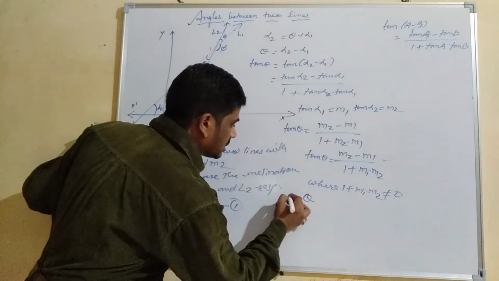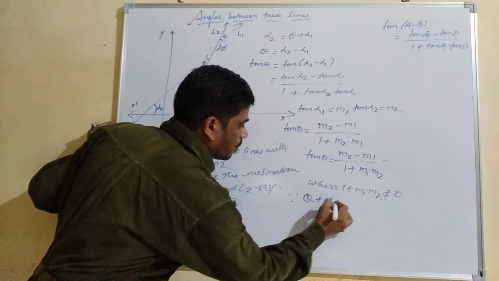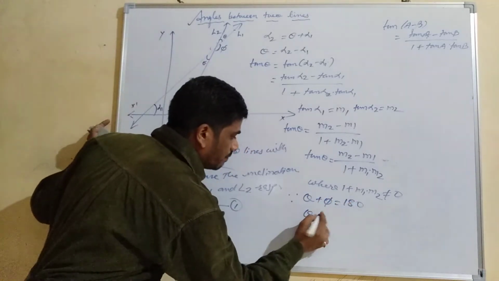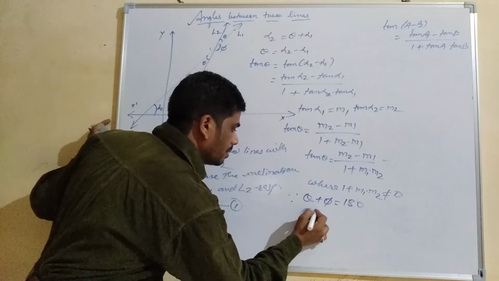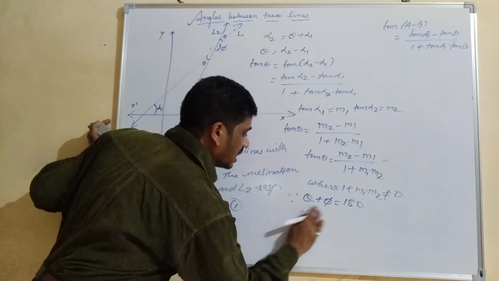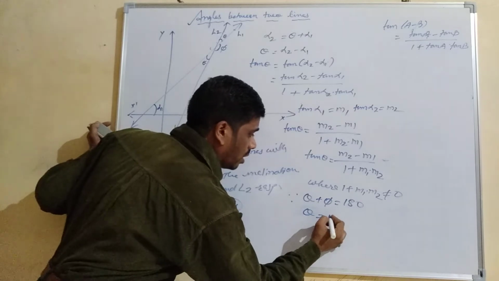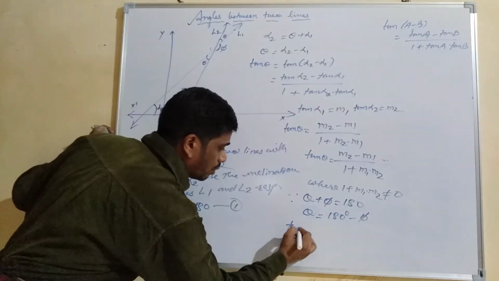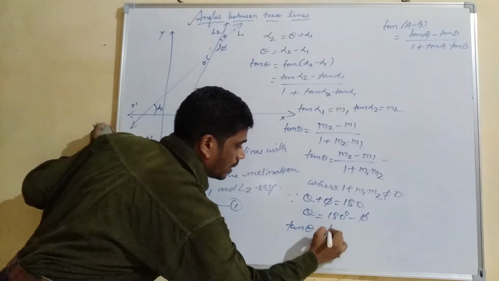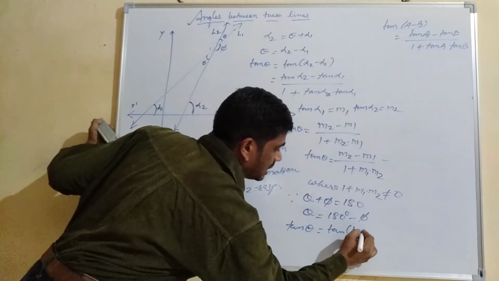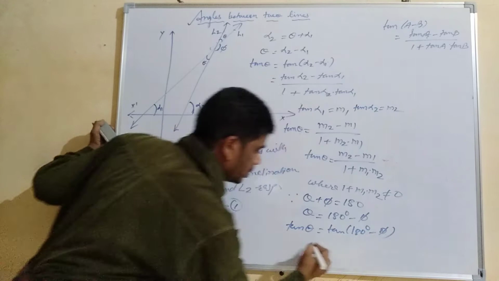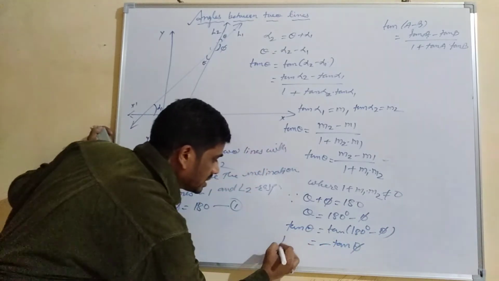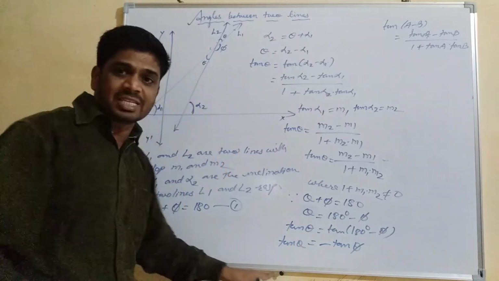Now we know that theta plus phi equals 180. So theta will be 180 minus phi. If you take tan on both sides, tan theta equals tan of 180 minus phi, which means minus tan phi. So tan theta equals minus tan phi.